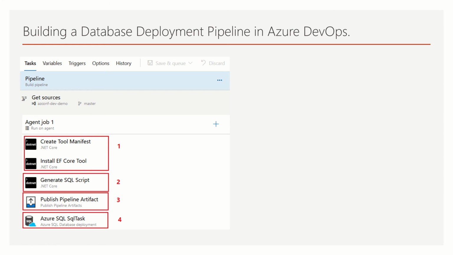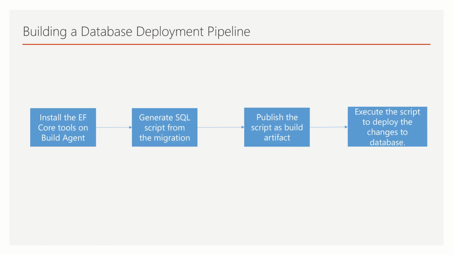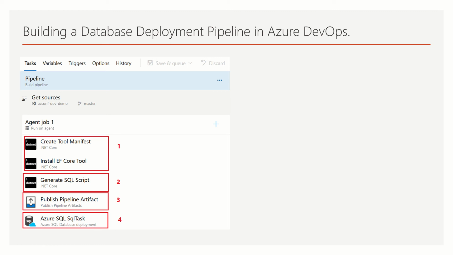So the first step, we need to install the dotnet ef tool on the build agent. It is actually two steps. First we need to create a tool manifest and then install the dotnet ef tool. Why? Because you can't install a CLI tool globally on a build agent. If you install it globally, that means it is installed on every path, and from any path you can access dotnet ef.